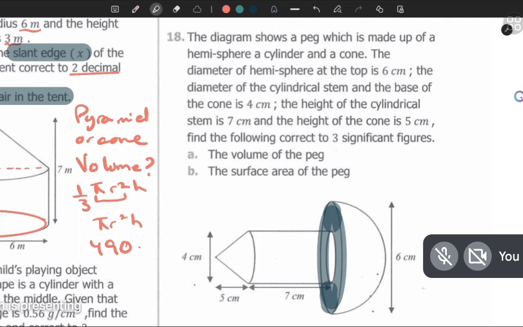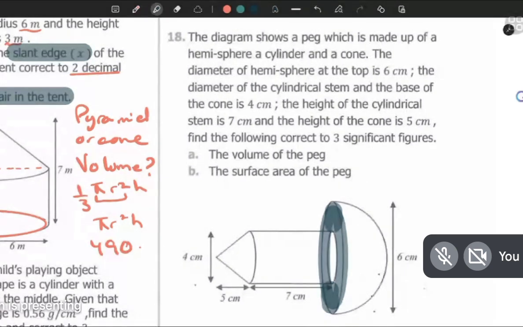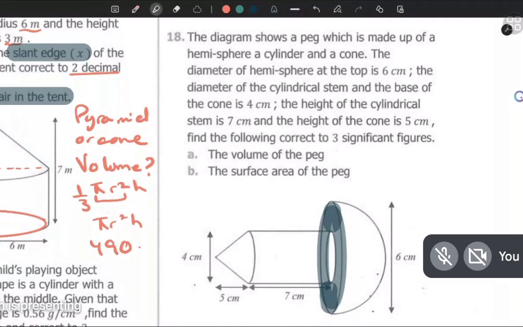How far have you gotten? Remember, it says three significant figures for the volume and surface area. Excuse me, sir.